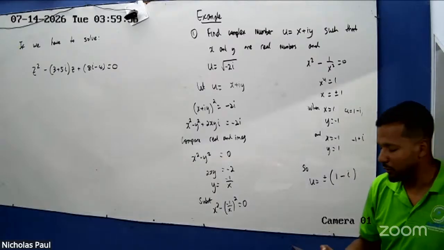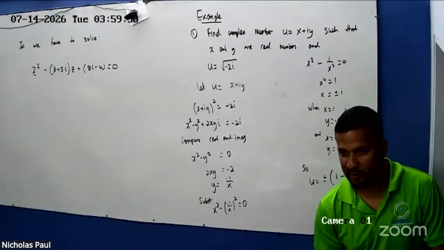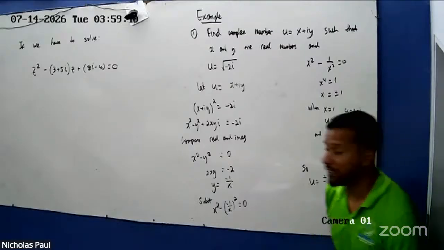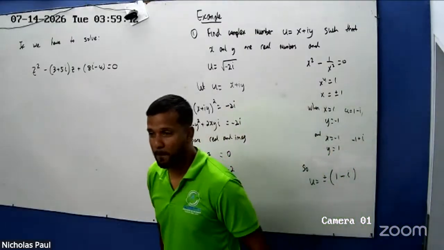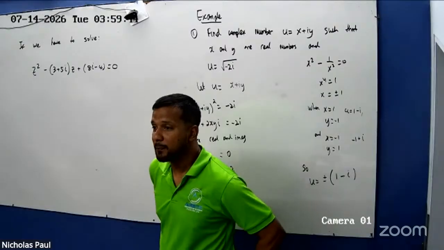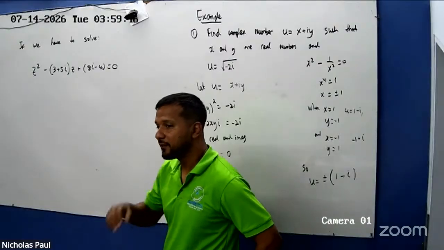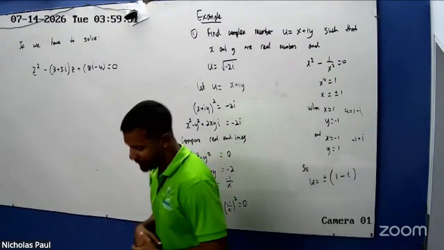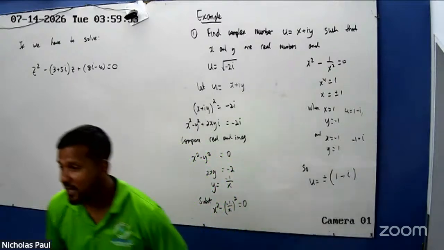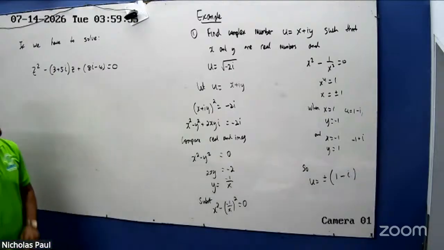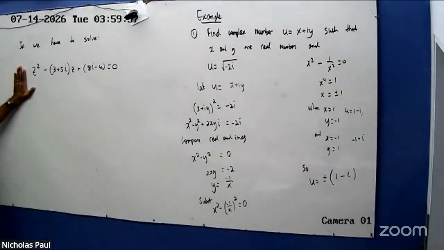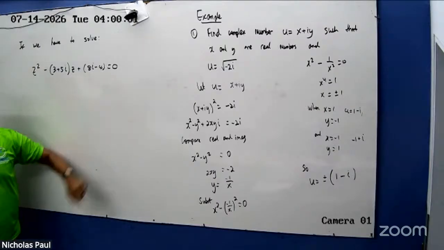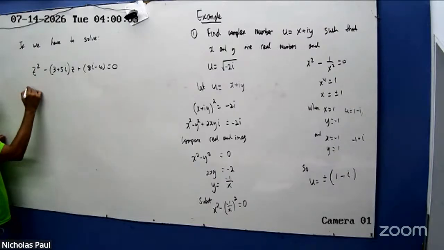What y'all think? Amit? Any ideas? How would you solve it, Amit? What kind of equation is this? Quadratic, right? So A is what?